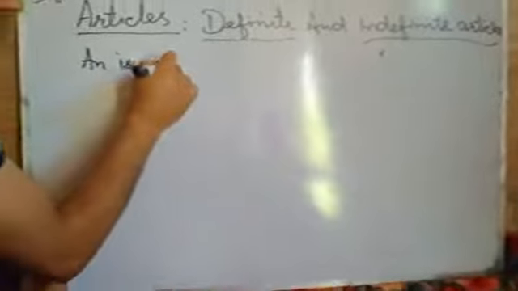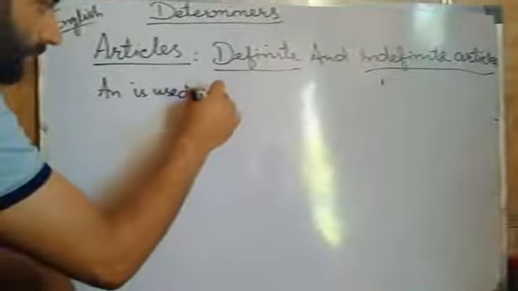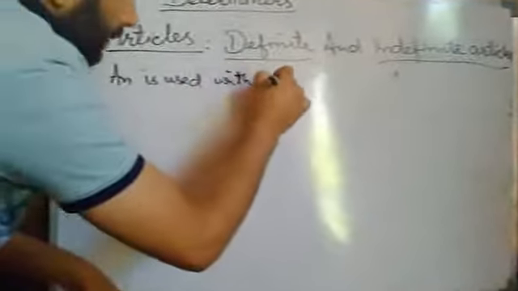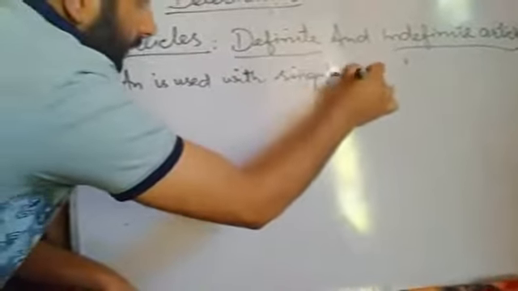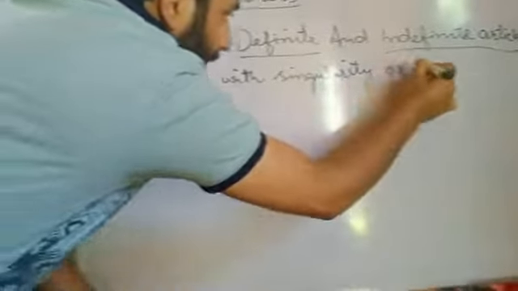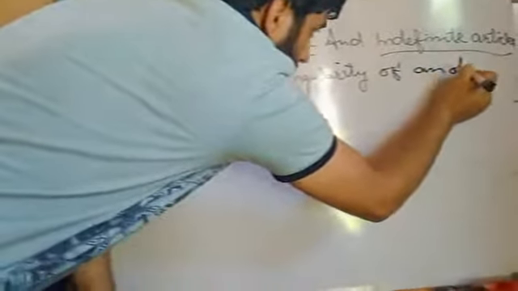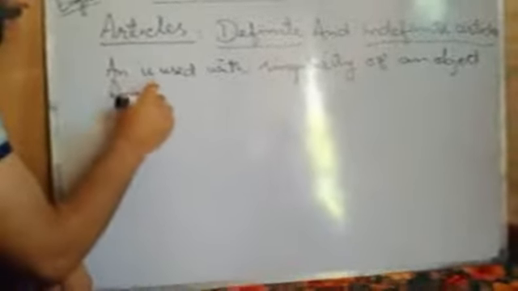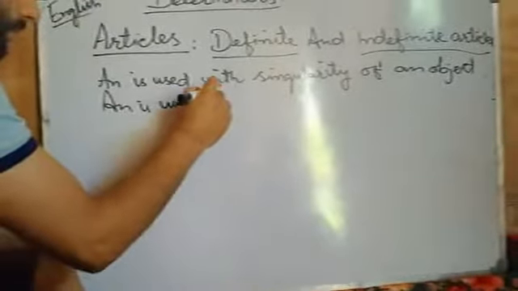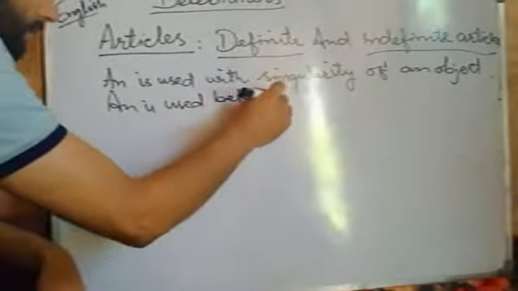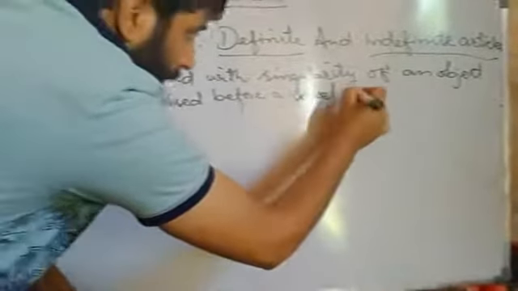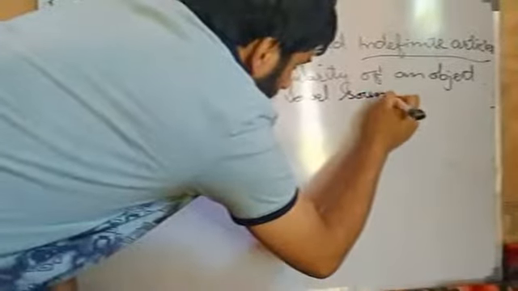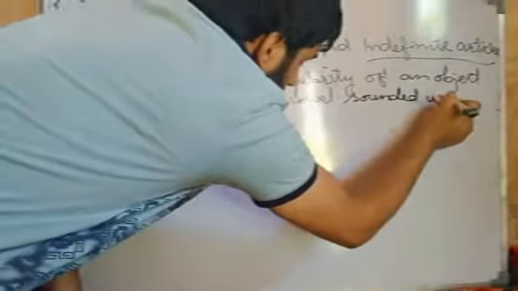An is used with the singularity of an object, and is used before a vowel sounded word.